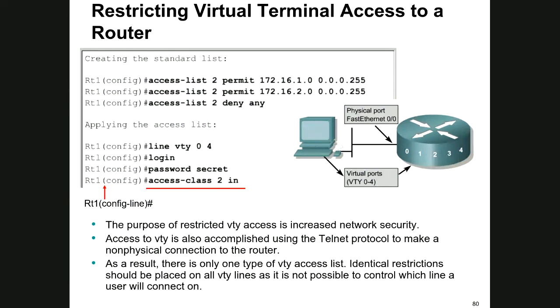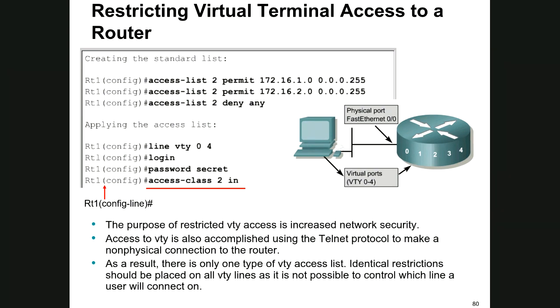What we can do with the access control list is, in this example, let's say the IT guys in the IT department all have network addresses that are 172.16.1.something or 172.16.2.something. They're the only ones that should even attempt to type in the correct password to get into the router.